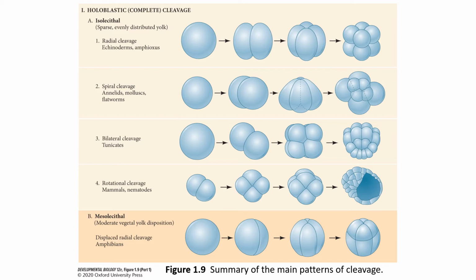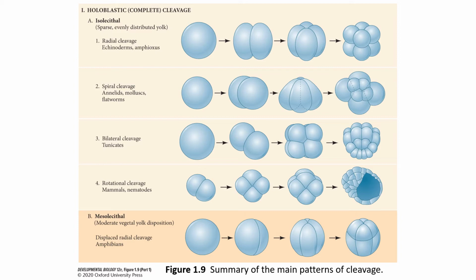As you see in the pictures and drawings, you will already understand how the cleavage happens in a type of egg. It can be radial, spiral, bilateral, and rotational. The next type would be the mesolecital. These are eggs which have moderate vegetal yolk disposition.